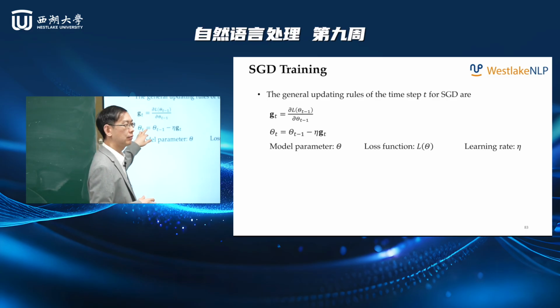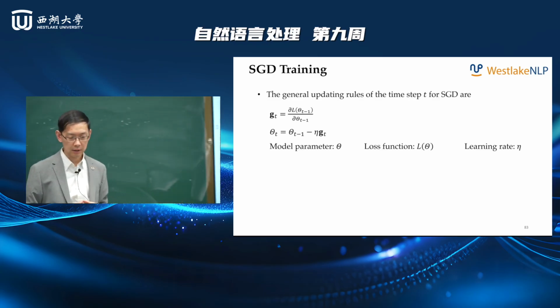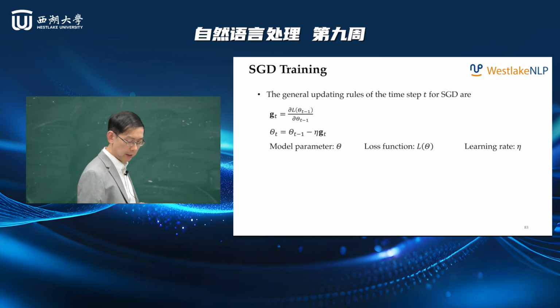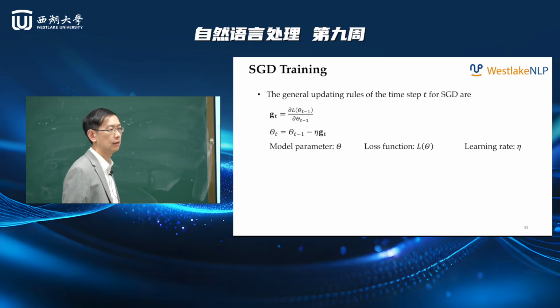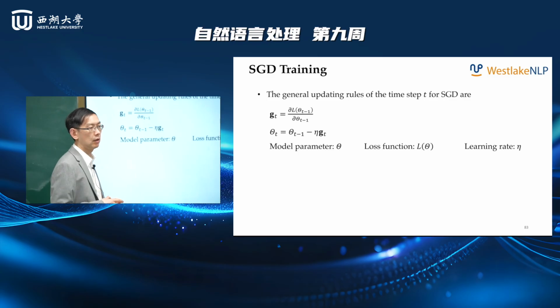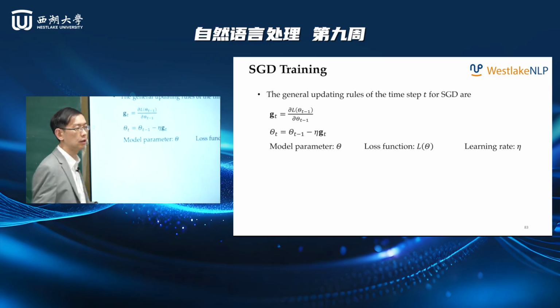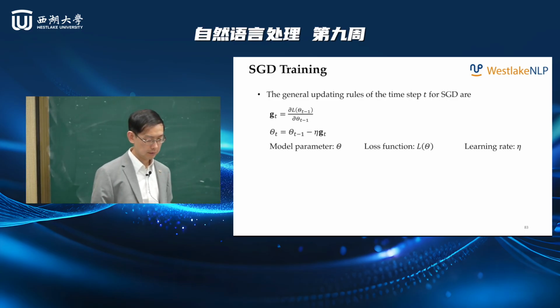So at the center of SGD is a parameter update. If I take the parameters as theta, and I take the gradient of all the parameters as g, SGD will just do this: theta is equal to theta plus eta g. This eta is the learning rate.